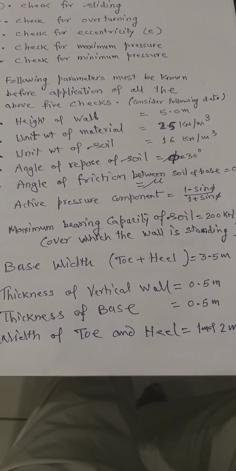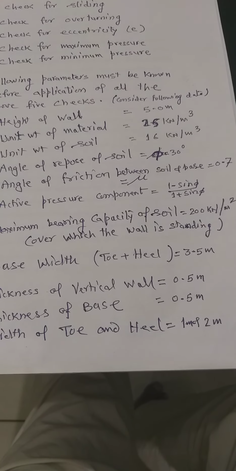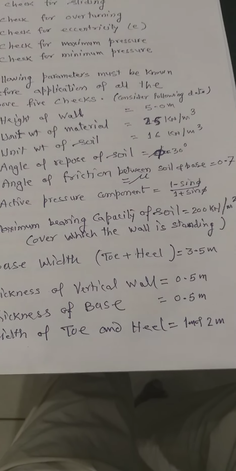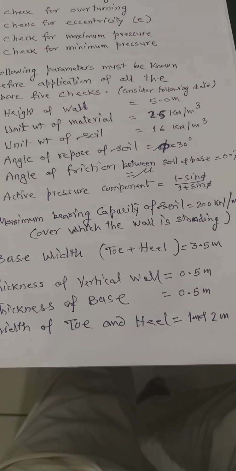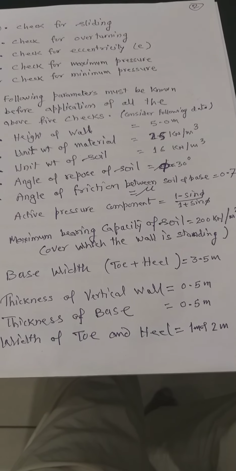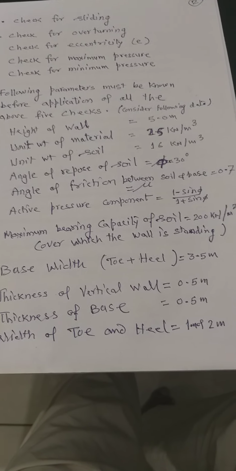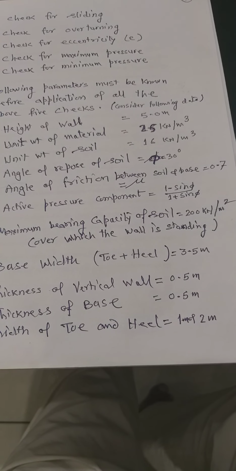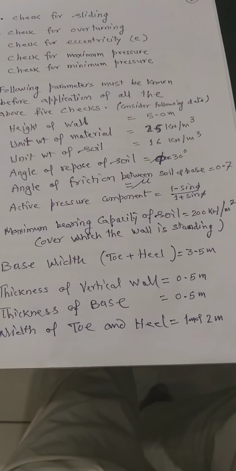Active pressure coefficient is taken as (1 minus sine phi) upon (1 plus sine phi), and the passive pressure coefficient is taken as (1 plus sine phi) upon (1 minus sine phi). Maximum bearing capacity of the soil is taken as 200 kilonewton per meter square, over which the wall is resting, of course.